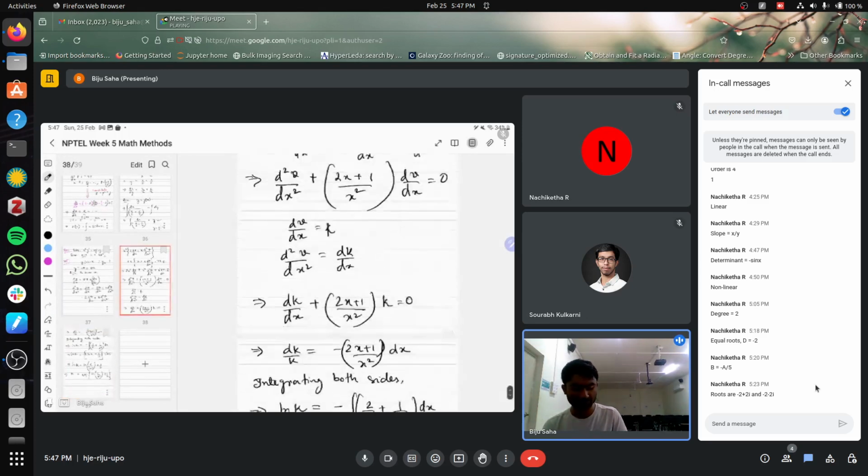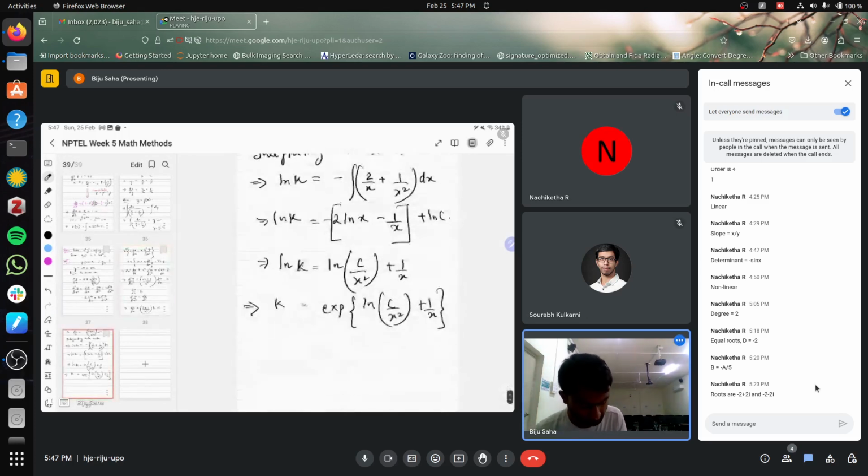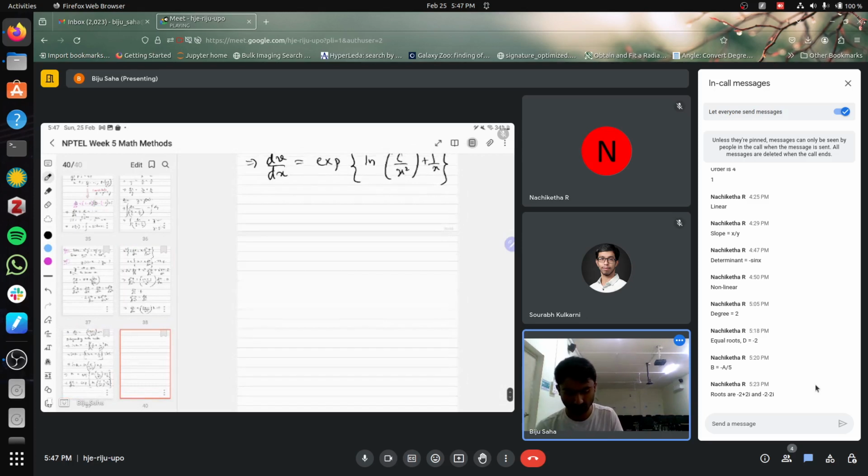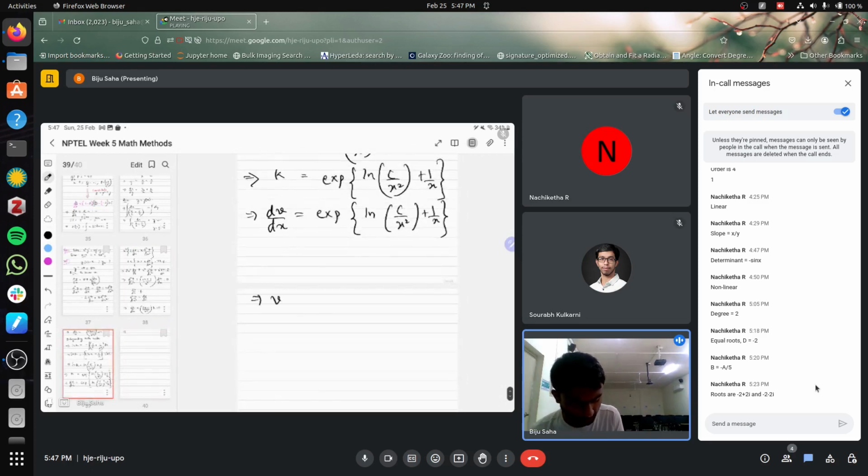And remember what was my k? It was dv by dx. So this is dv by dx. So your v would be the integral of exponential of ln c by x square plus 1 by x dx, carrying out the integration.